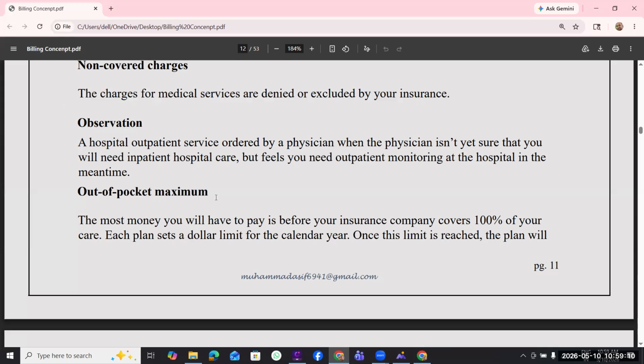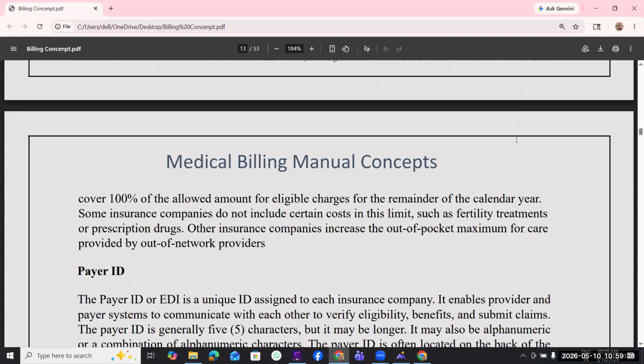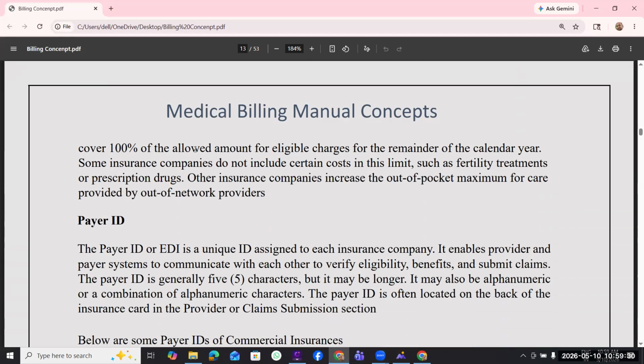Out of pocket maximum: the most money you will have to pay before your insurance company covers 100% of your care. Each plan sets a dollar limit for the calendar year. Once this limit is reached, the plan will cover 100% of the allowed amount for eligible charges for the remainder of the calendar year.